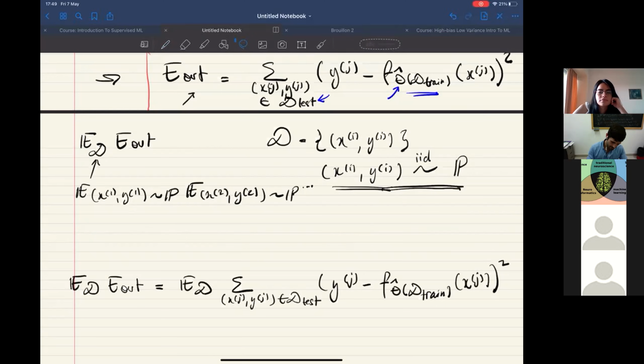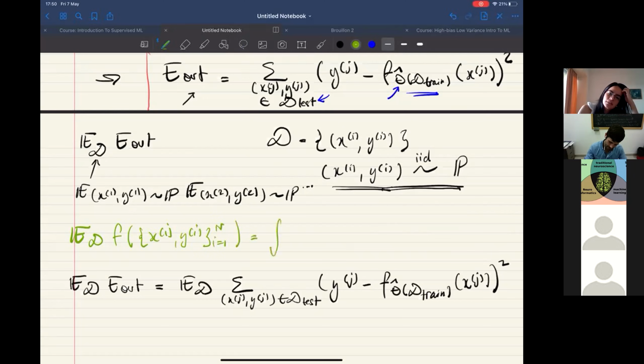Concretely, let me write what I mean here, one time, by this expectation of a function of the training data, where the training data are samples xi, yi, for i equal 1 to n.